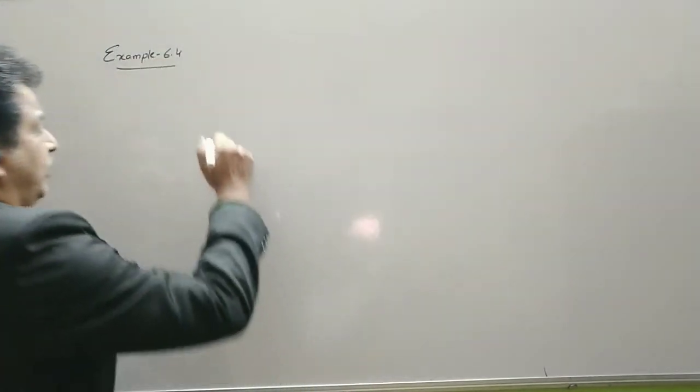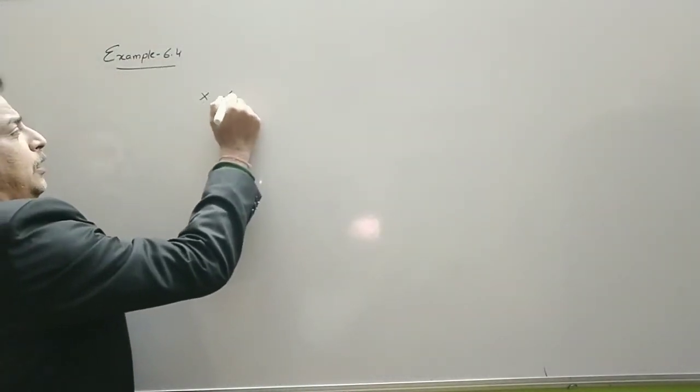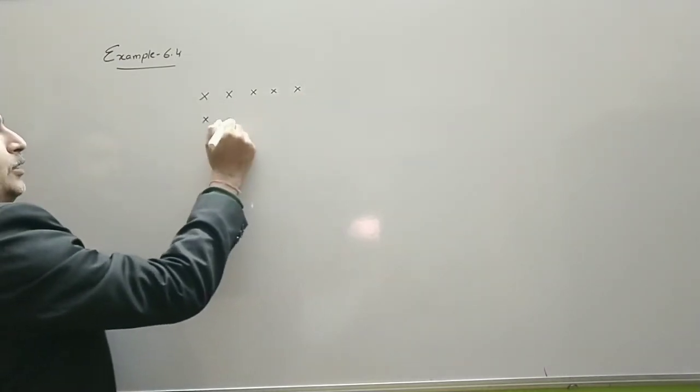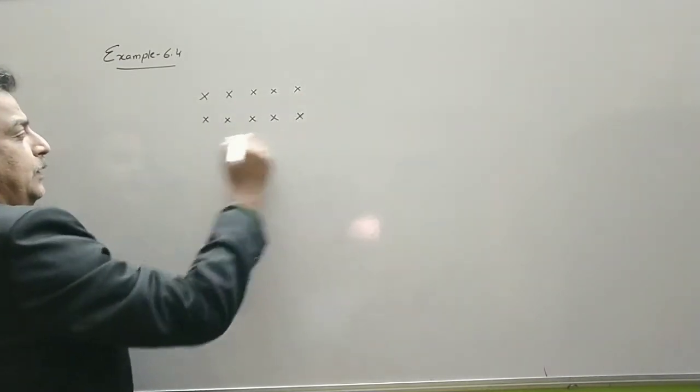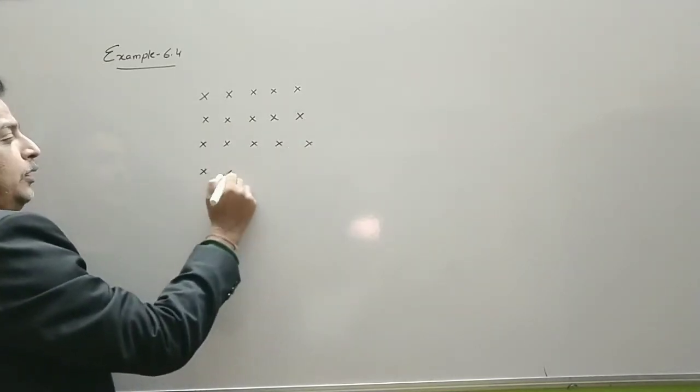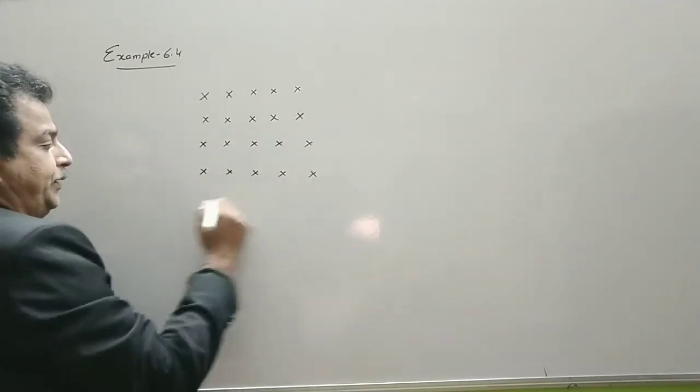So here the magnetic field lines are going into the plane of the paper. It is denoted by a cross.